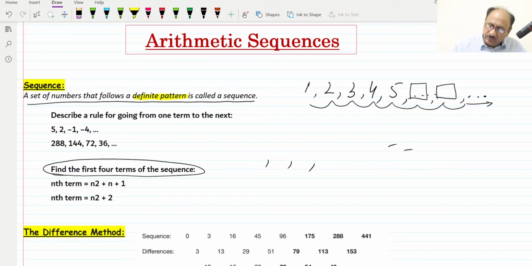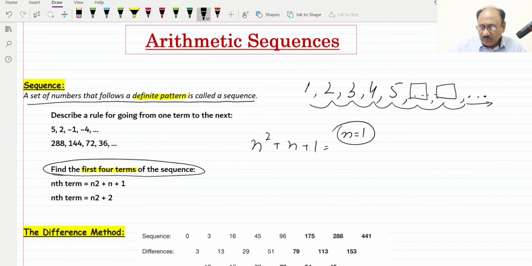In this case they have provided us the nth term, n squared plus n plus 1, and we are supposed to write the first four terms. So we replace n equal to 1 in the given formula, and we get 1 squared plus 1 plus 1, which is equal to 3.